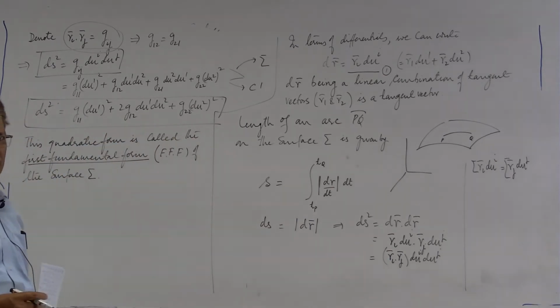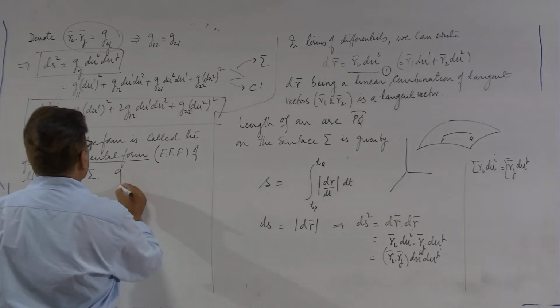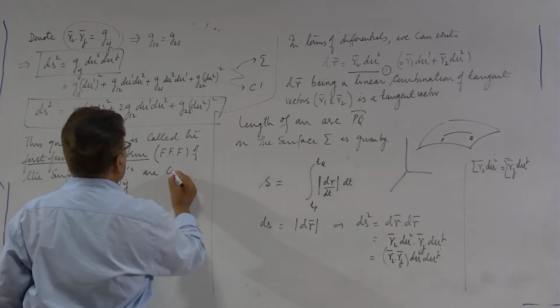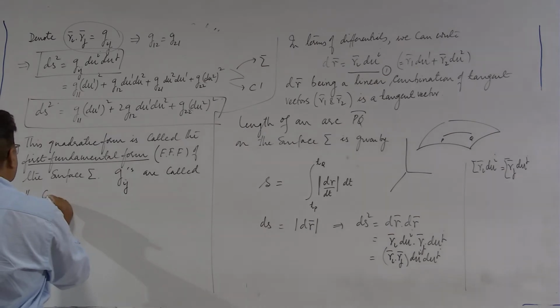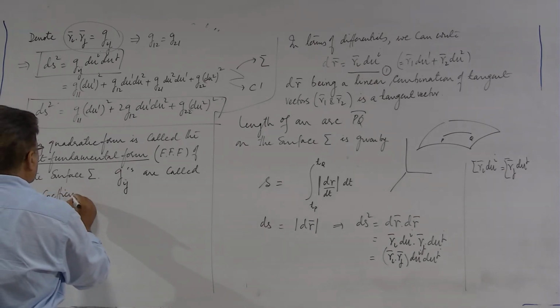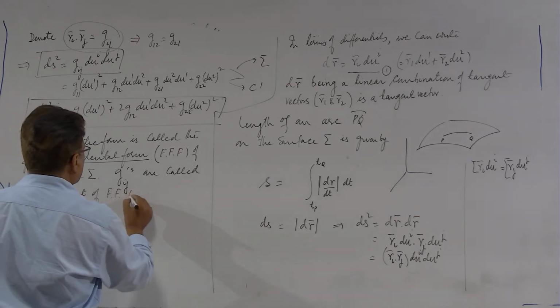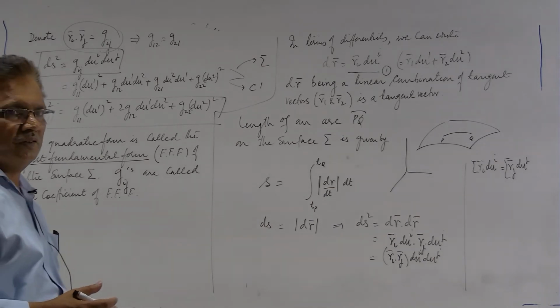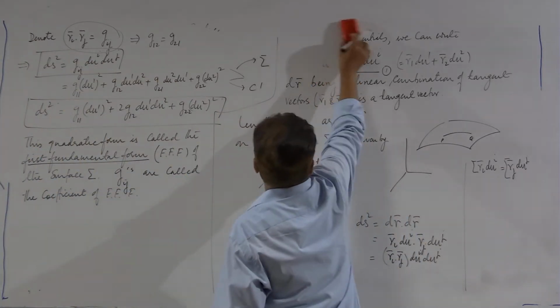So, Gij's are known as the coefficients of the first fundamental form, and we will study these coefficients. In fact, we will look for the properties of these coefficients so as to know more and more about the first fundamental form.